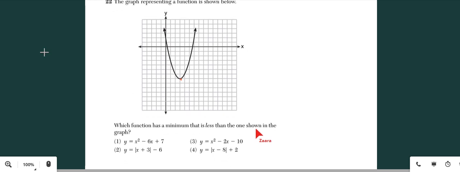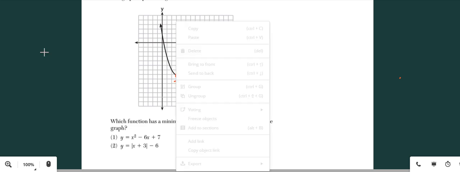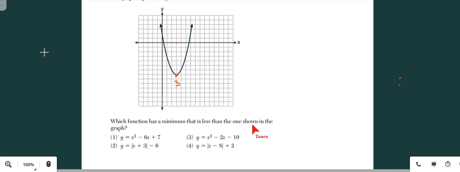Okay, and then it has the minimum value here at this point, right? So from that minimum value, we will try to guess it. So 1, 2, 3. The minimum value is at x equals 3, and then 1, 2, 3, 4, 5, 6, 7.